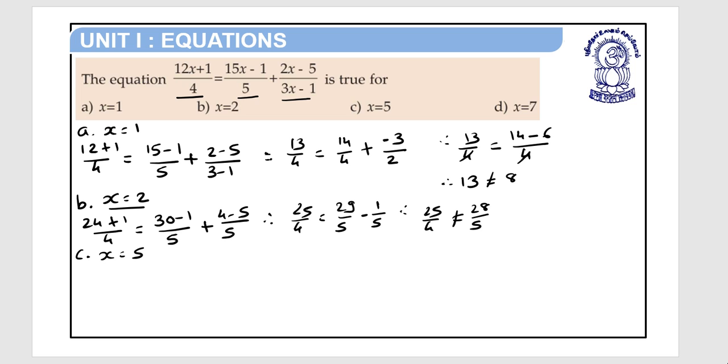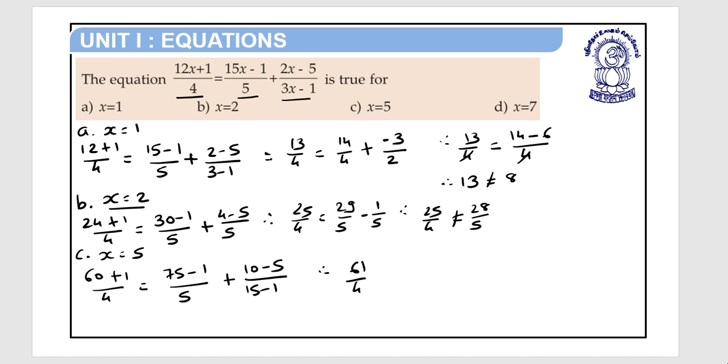Put the value of 5, 12 5s are 60 plus 1 by 4 is equal to 15 5s are 75 minus 1 by 5 plus 5 2s are 10 minus 5, 3 5s are 15 minus 1.